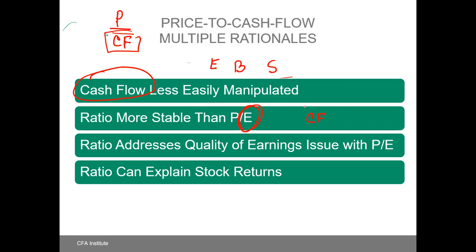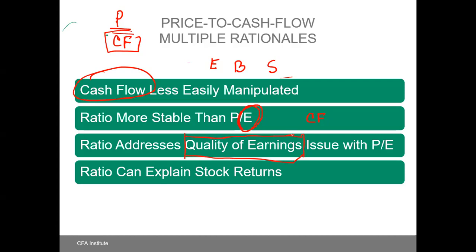And why is cash flow a preferred multiple here? Between a firm with higher cash flow and a firm with lower cash flow, we conclude that the firm with higher cash flow has higher quality of earnings.